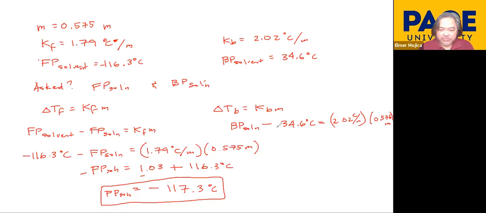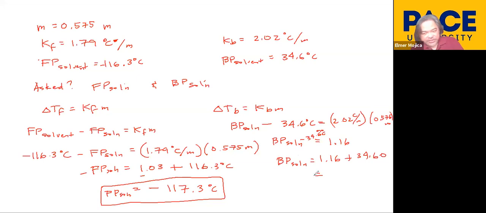So that will be 1.16. Am I right? So what will happen? You can transpose this by adding both sides. The boiling point of the solution is equal to 1.16 plus 34.60. So that is 35.8.